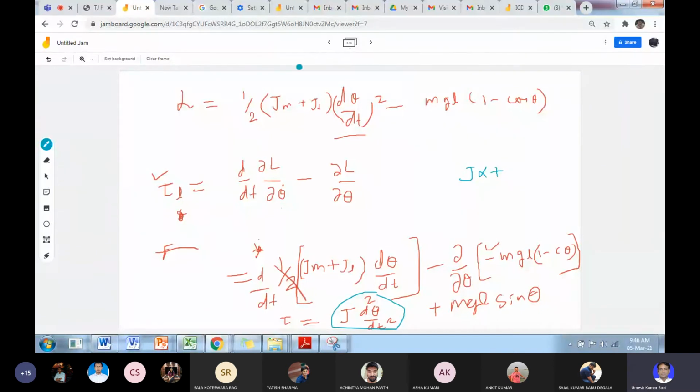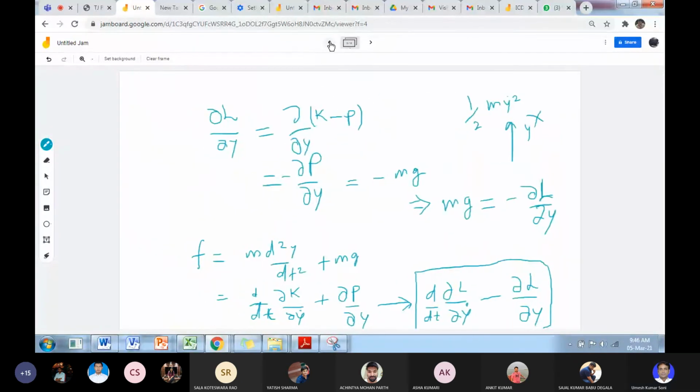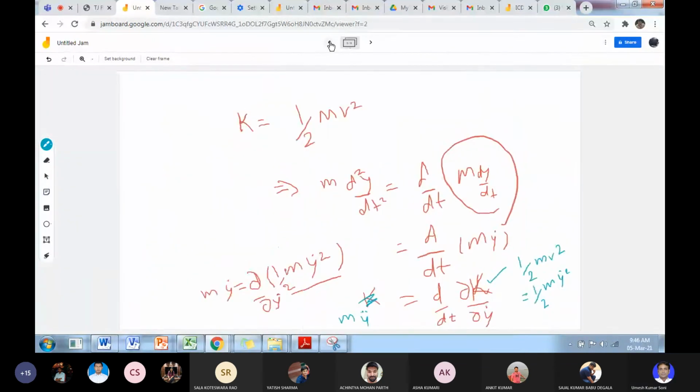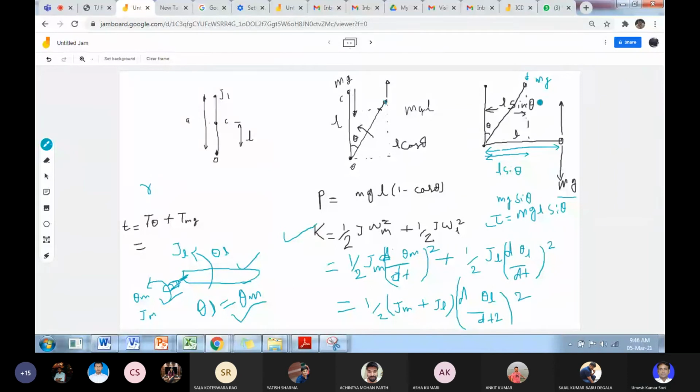So I have told you the value of torque due to gravity and the value of torque in accelerating the alpha. Okay, so the total torque is J alpha plus mgL sin theta. So that is cross checked by this.